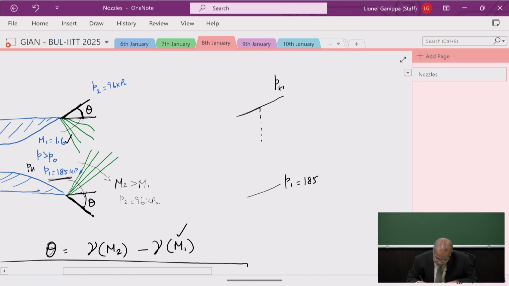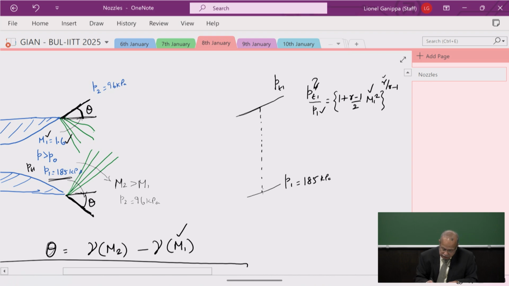We know the relationship between PT1 and P1: PT1 by P1 is equal to (1 plus gamma minus 1 by 2 M1 square) power gamma by gamma minus 1. We know M1, we know gamma is 1.4, and we know P1, 185 kilopascal. So we can find PT1, which is unknown.